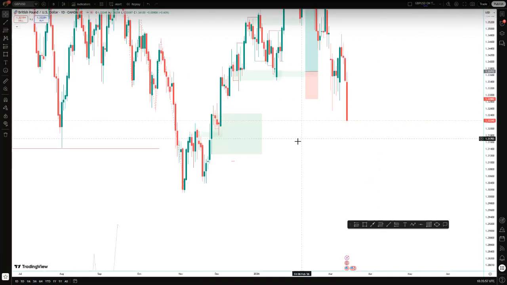You don't have to use a color, obviously, but you can just put a text, or even draw it out: weak low. And then let me use my colors.